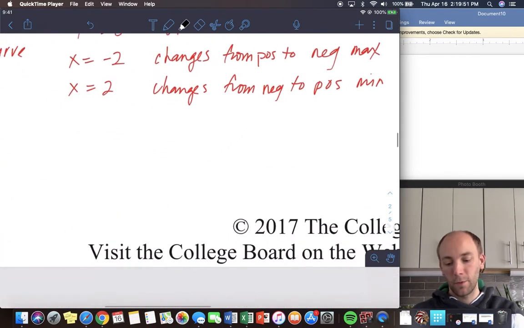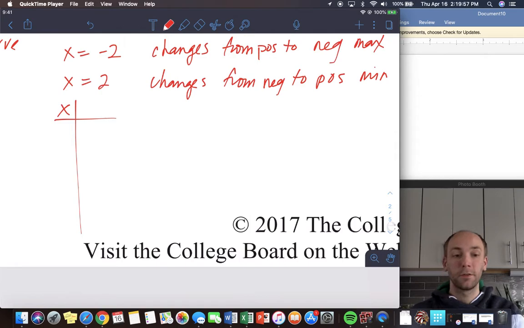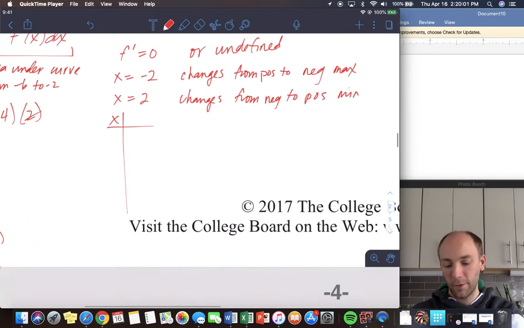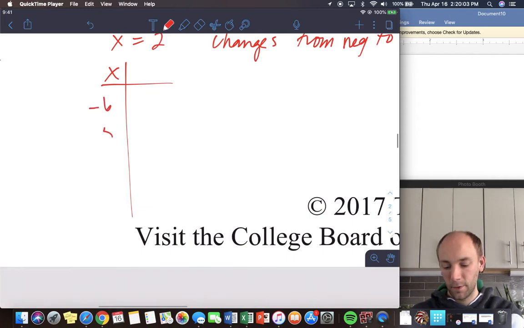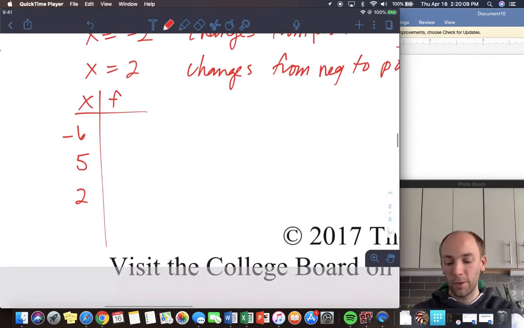So to find a minimum, we're going to use the candidate test. So I'm going to make a chart. I'm going to plug in my bounds. It says from -6 to 5. And I'm also going to try 2. And I'm going to figure out what their function values are.